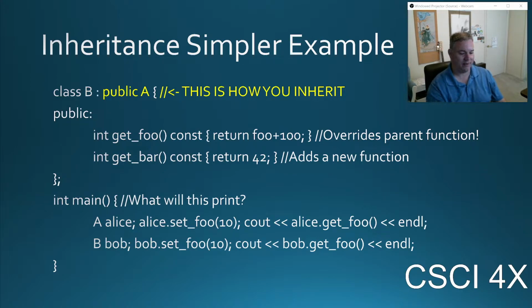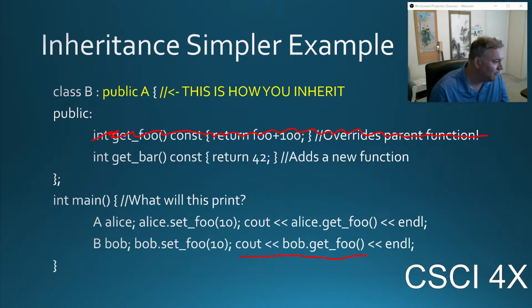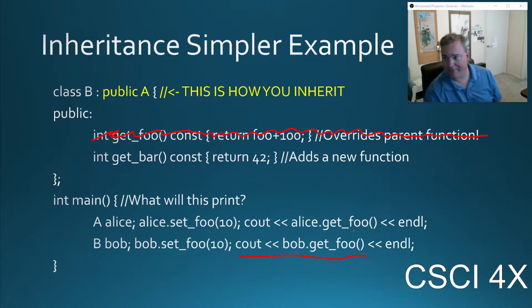If you don't declare int get foo here, let's erase this real fast. This will still compile. Anyone want to guess what value it will print out to the screen? Polymorphism. 10. It'll print out 10, because all the code from A is copied and pasted in here.